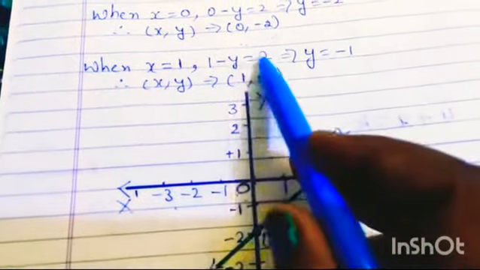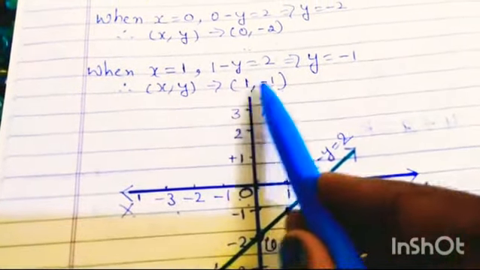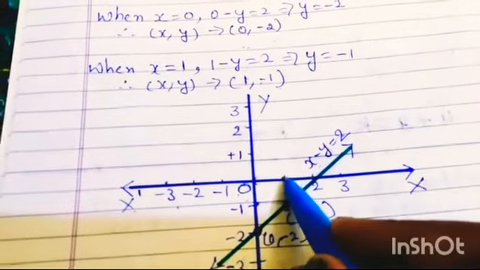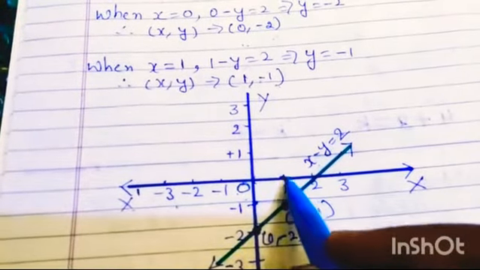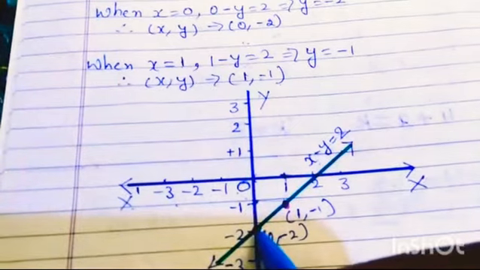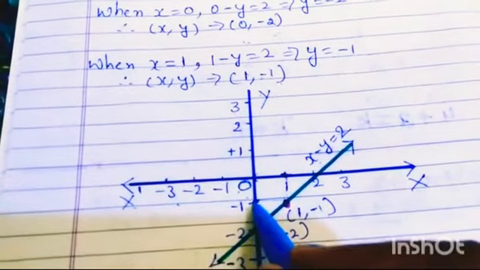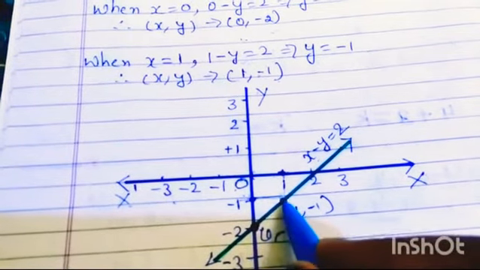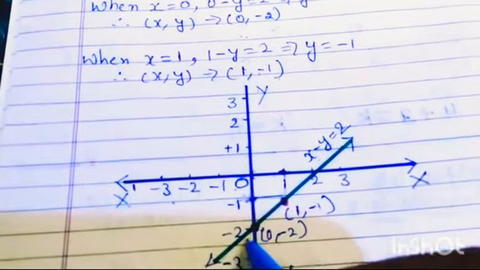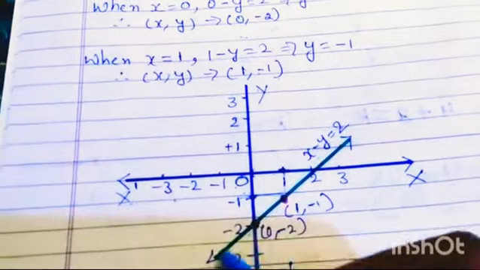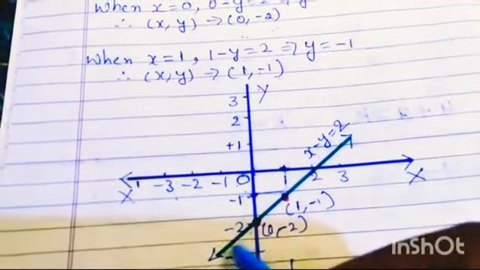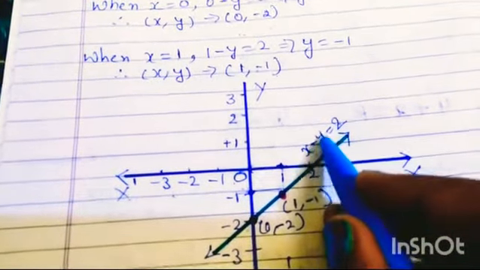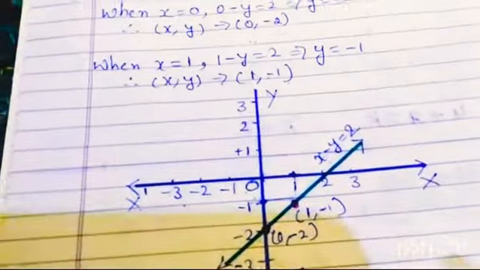Next we have to plot the point 1 comma minus 1. 1 is here on x and minus 1 is on y. Minus 1 will lie here on the downside. Then when we join these both points, we draw a straight line, which will be the graph of the line x minus y equal to 2.